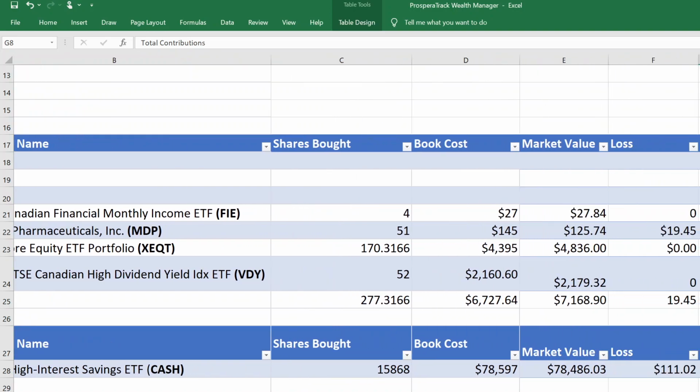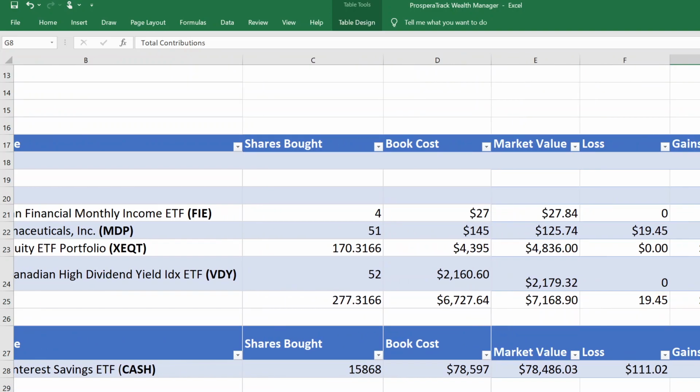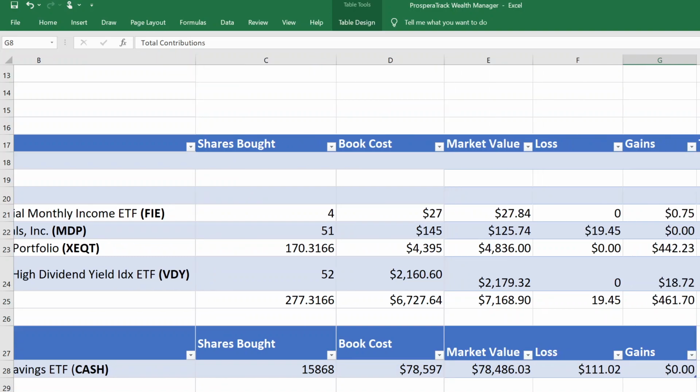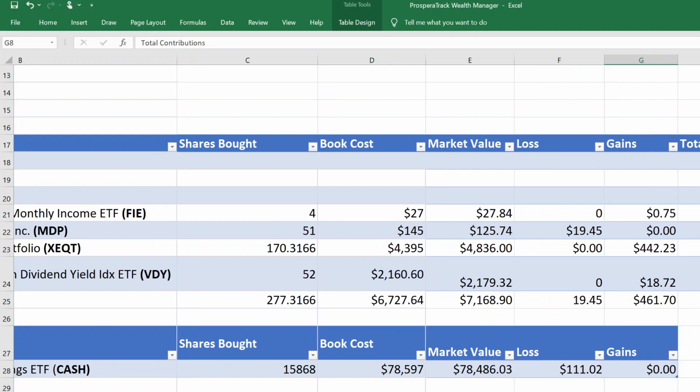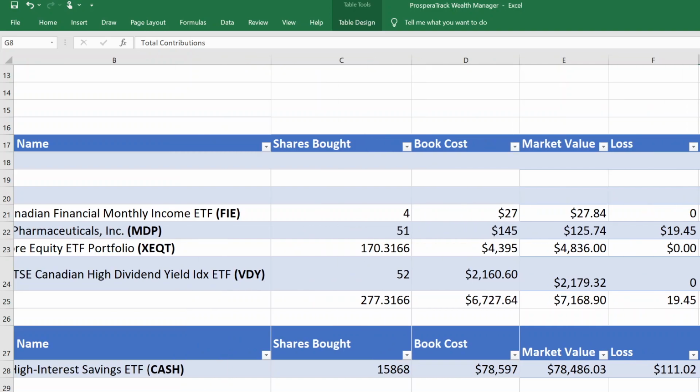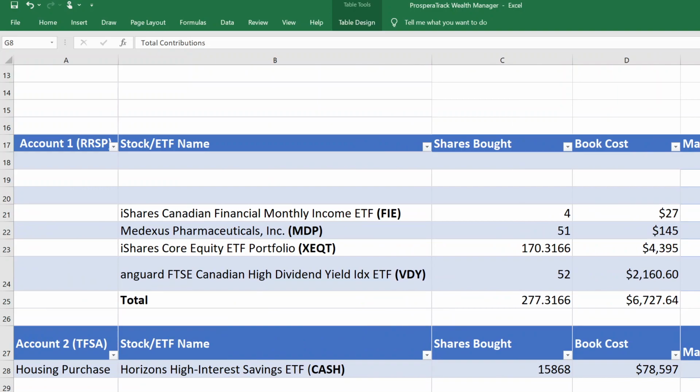At the moment, it's currently at 2,179.32, meaning I'm currently a little bit on the positive on this particular one. I'm about 18.72 positive there.